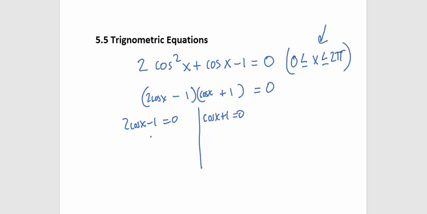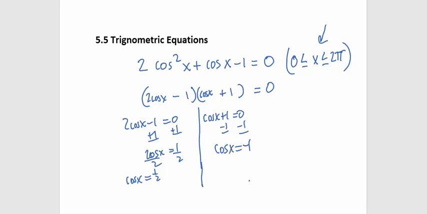Let's solve these. So over here I'd add 1 to both sides. And that's 2 cosine of x is equal to 1, divide by 2. And I'd know then that cosine of x is equal to 1/2. And then the other solution would occur when I just subtract 1 from both sides.